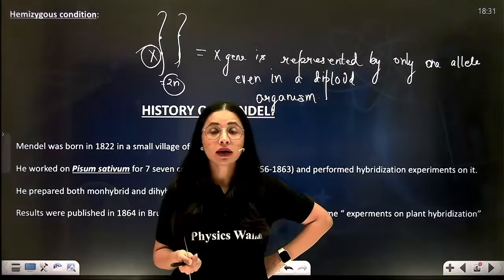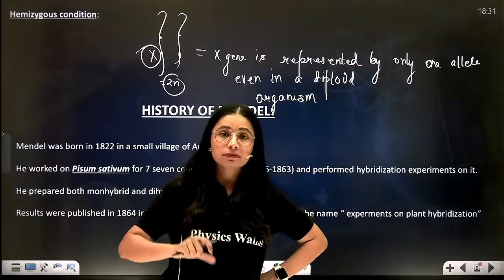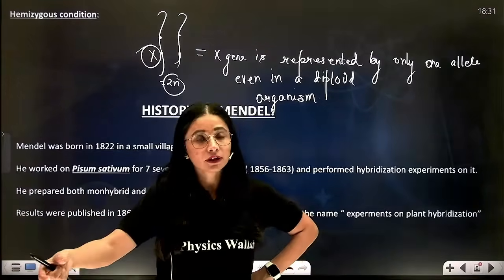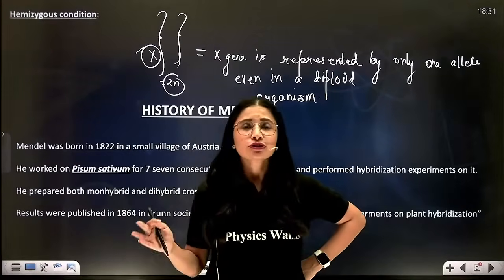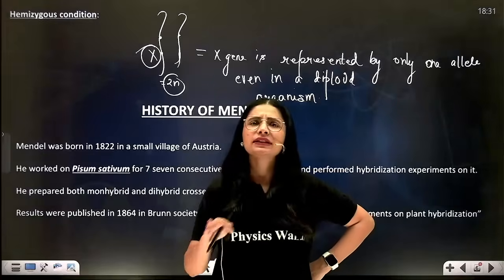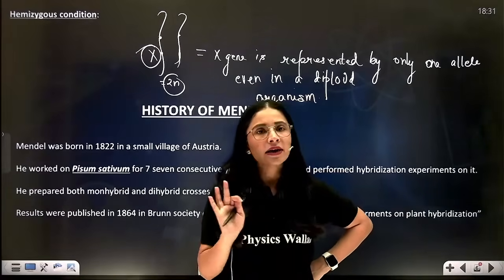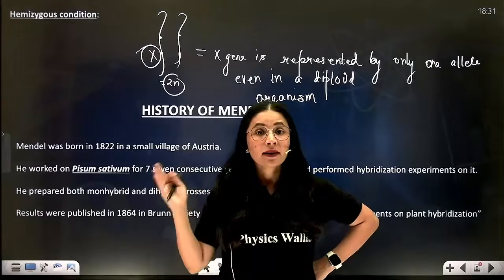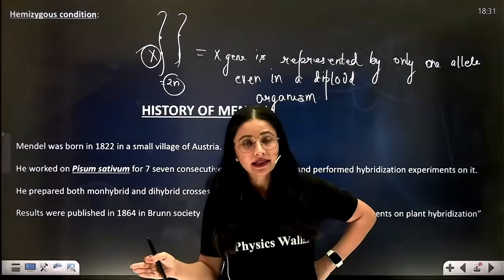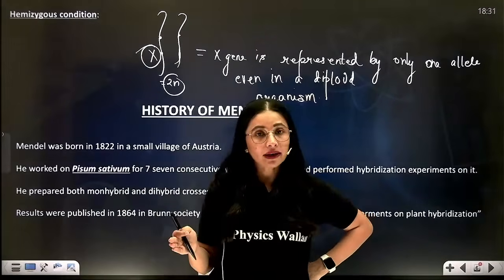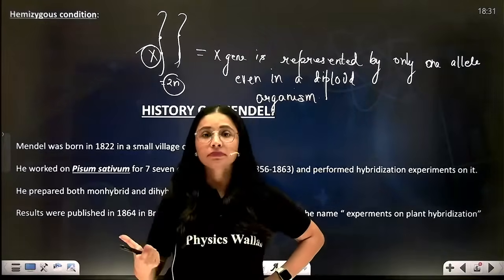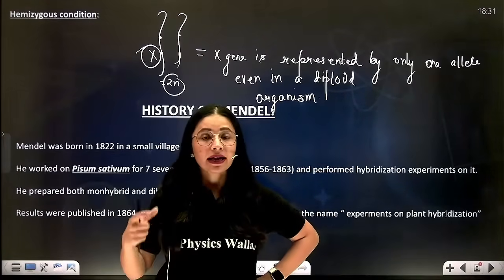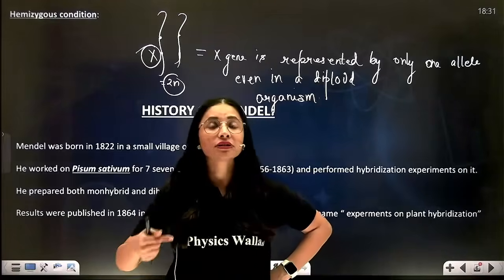They were trying to understand how the genes are transferred from the plant to their offspring, but they could not get the success, so they left their work in the middle. Then Mendel came and he changed the type of organism. He used pea, he worked on the pea plant, and he started the hybridization experiment.